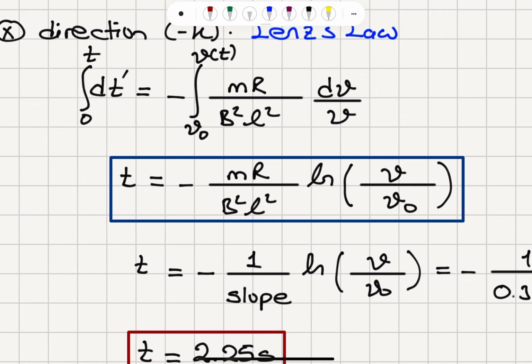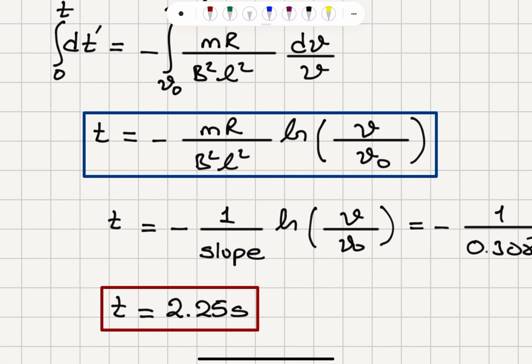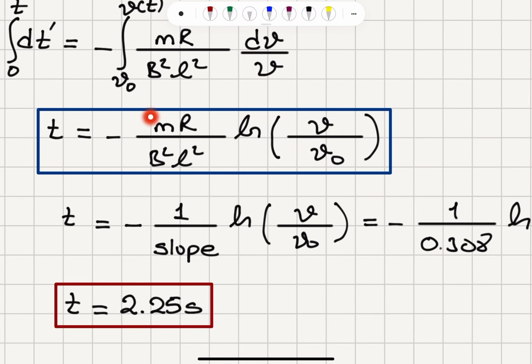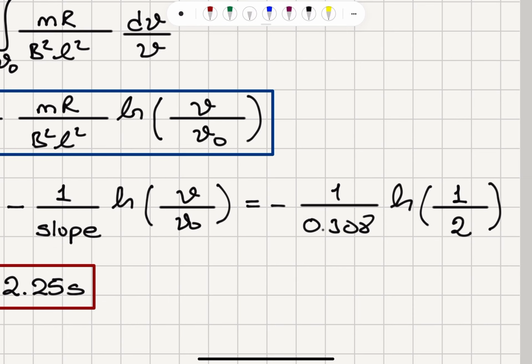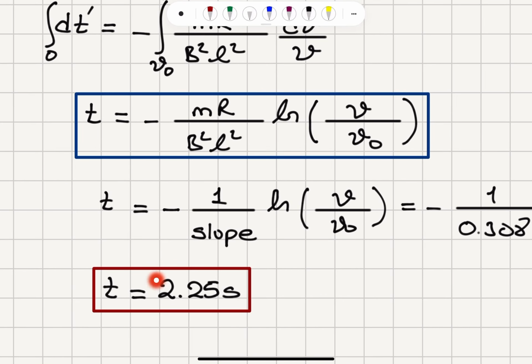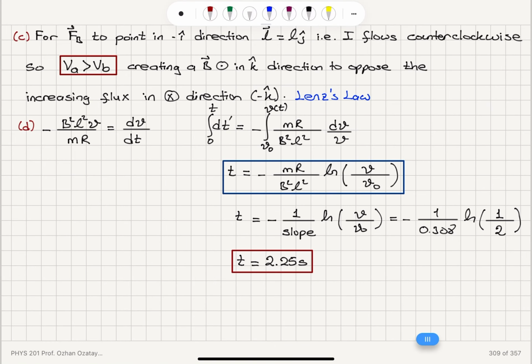We see that this integral gives us this natural logarithm relationship between time and the speed. And from this, because the prefactor here is 1 over the slope of acceleration versus speed, we can obtain the time to be 2.25 seconds to reduce the speed from 20 centimeters per second to 10 centimeters per second.